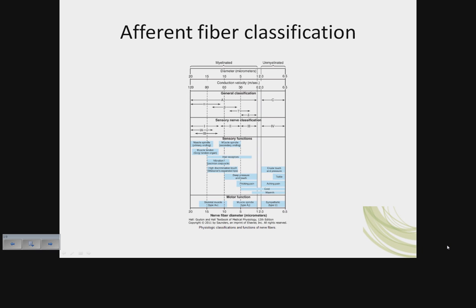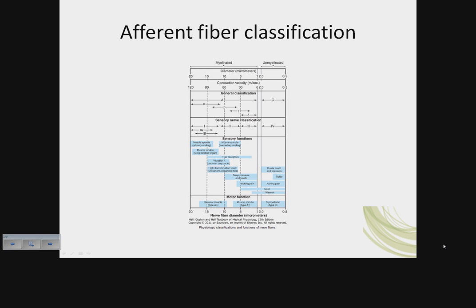Now you should be looking at the blue boxes that are down in the sensory functions category. You don't have to go down to motor function because we're not talking about outgoing commands. We're only focusing on relaying incoming information. Now this is what I want you to realize. There's your A alpha, your A beta, your A gamma, and your A delta, and they're getting progressively smaller.